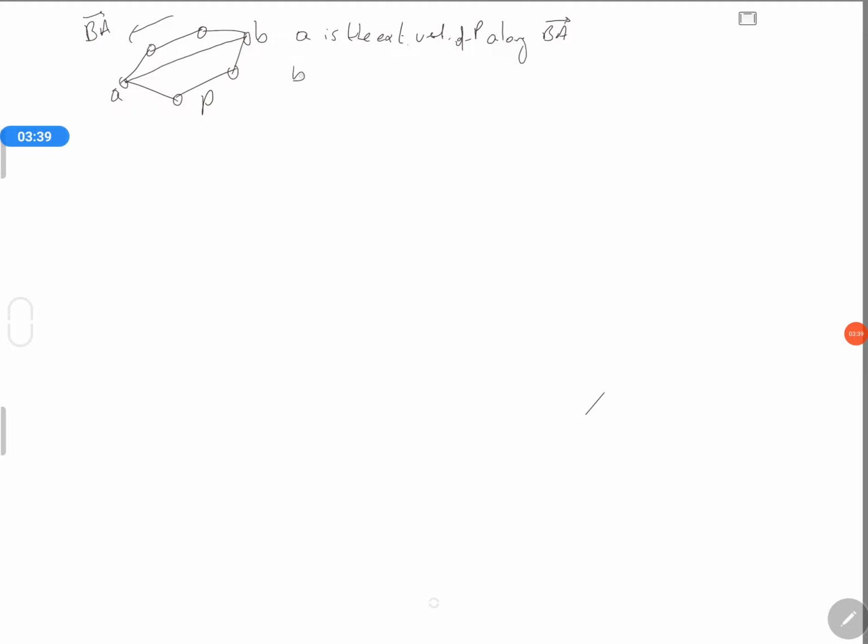And similarly, B is the extreme vertex of P along the direction vector AB. So here we can immediately see if we are searching for an extreme vertex along the direction D, then we have to look for the opposite of D as well in order to locate the farthest points.